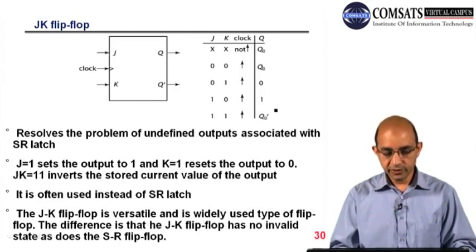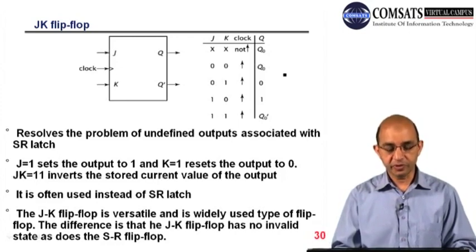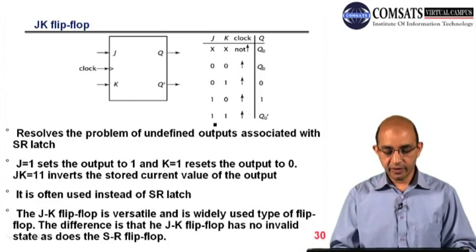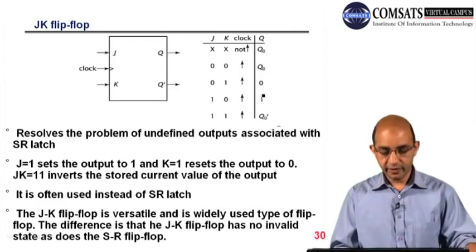This is somewhat different from the sequential components we have discussed so far, because we don't have such a scenario where we have 2 inputs the same and the previous state is complemented. If we have a 0 here, we will have 1. If we have a 1 here, we will have a 0. So it means a toggle. So we have resolved the race conditions in addition to one more feature which we can utilize in order to construct more effective and efficient sequential circuits.